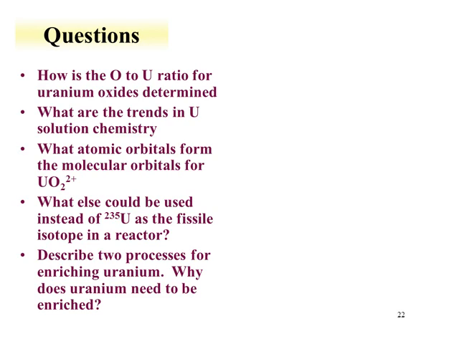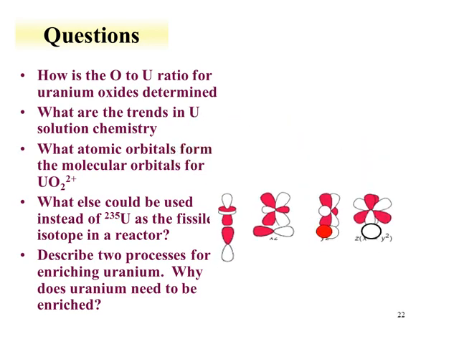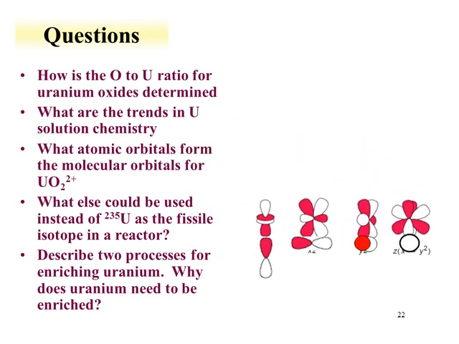What are the atomic orbitals that are used to form molecular orbitals for UO2? And those are shown here. These are just the f electron orbitals that have overlapping with the p-z, the oxygen p orbitals, and the oxygen s orbitals.